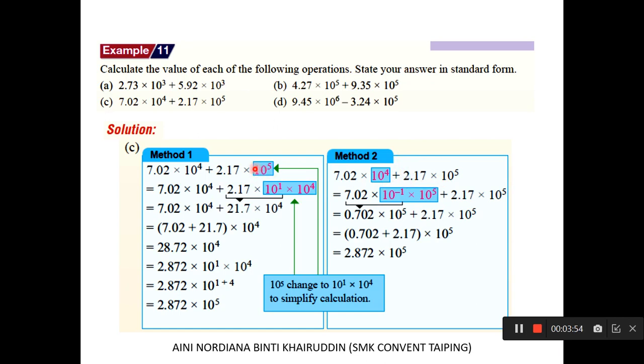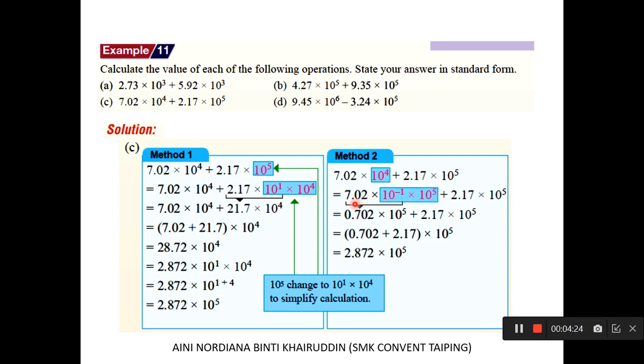Just now we changed 10 to the power of 5 to 10 to the power of 4. Now we want to change 10 to the power of 4 to 10 to the power of 5. So what we are going to do, 10 to the power of 4 equals 10 to the power of negative 1 times 10 to the power of 5, so that when we add these two powers, negative 1 plus 5, it becomes 4.